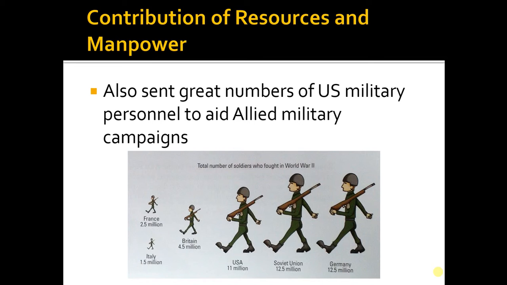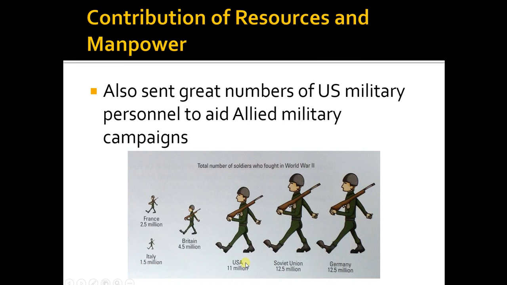And not only did the USA contribute a lot of resources to the Allied effort, the USA also sent a great number of US military personnel to aid the Allied military campaign. So if you look at this chart over here, you see that Britain had 4.5 million soldiers involved in World War II, but America basically sent 11 million American soldiers to help fight against the Axis powers.